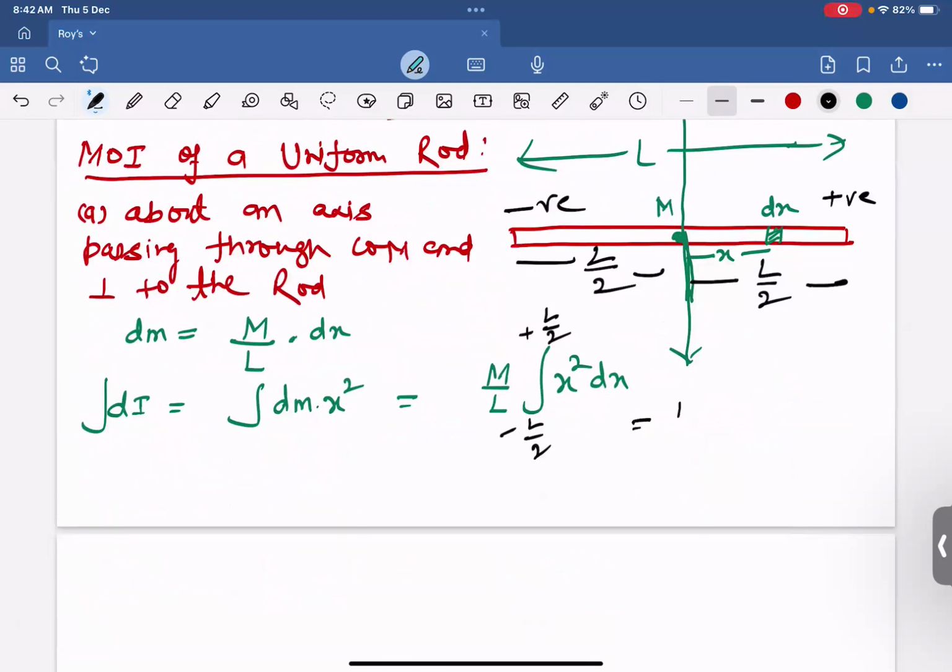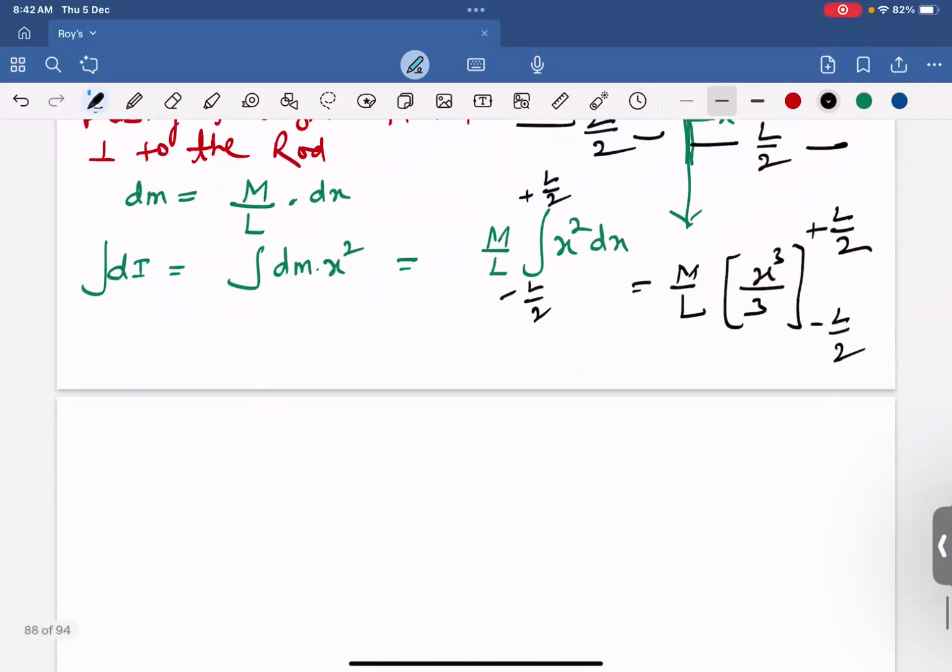So this is M by L. Integration of x squared is x cubed divided by 3, and the limits are minus L by 2 to plus L by 2. Now L by 2 cubed will be L cubed by 8, and L cubed by 8 into 3 will be L cubed by 24.